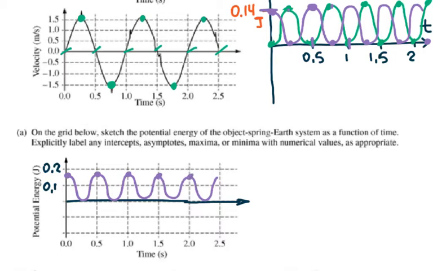So I'm just checking that my graph was right. So that would be my potential energy graph. So here I would write that this is my potential energy. I have to do my abbreviations. Here's my potential energy, measured in joules. And this is my time measured in seconds.